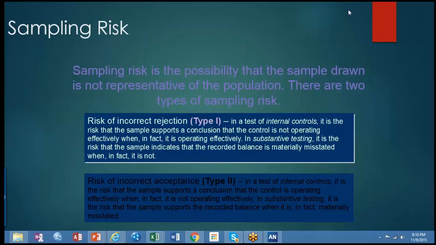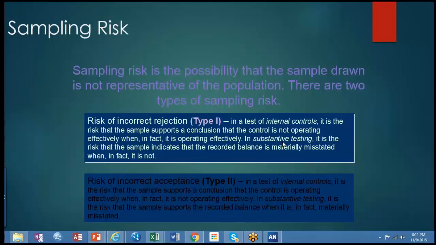So what we're looking at here is sampling risk from the perspective of external auditors, but in fact we have absolutely the same issue from an internal audit perspective. Again, we're looking at a sample, and the reason we're looking at a sample is because we don't have the time or resources to look at every transaction.